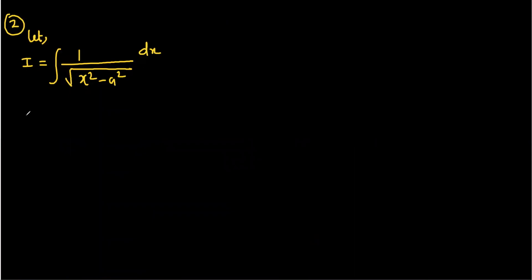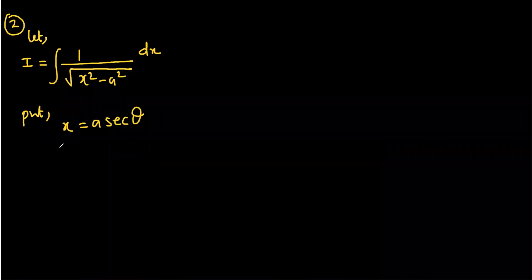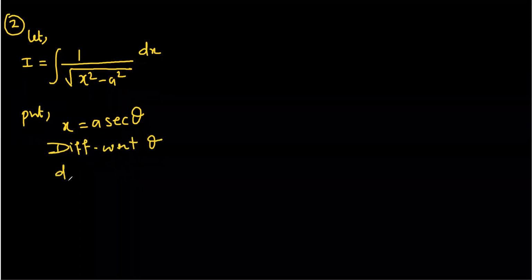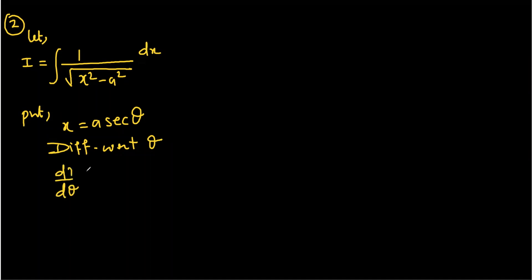So here I write, put x equals to a sec theta, and as you know, if you do the substitution you have to also differentiate. So I write here differentiating with respect to theta. So d by d theta of x on the left and d by d theta of a sec theta on the right.